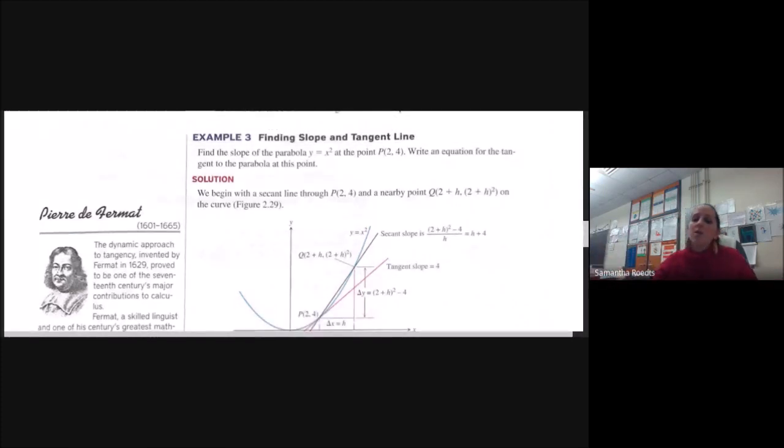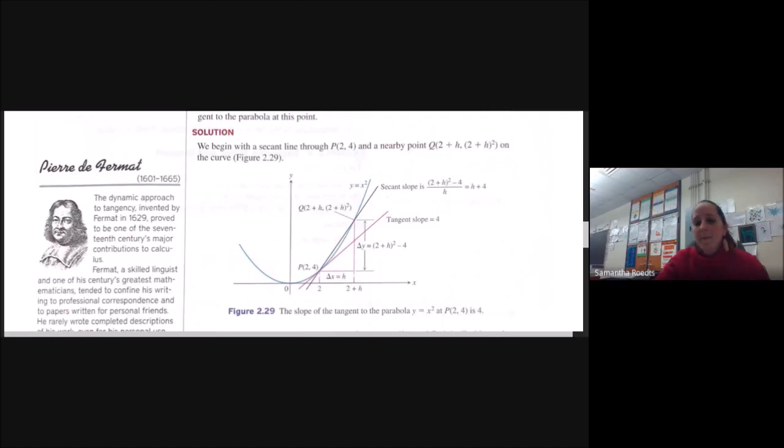In this case, I'm taking the x value of 2 plus h, and squaring it, so 2 plus h squared, on the curve. Here's my first point, and here's my second point.